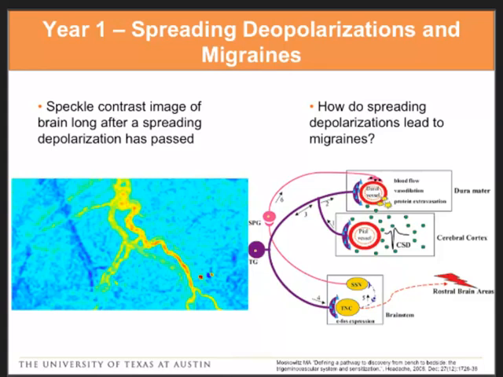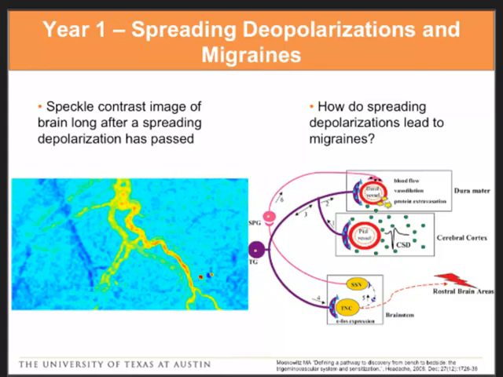And one of the hypotheses put forward was that after these depolarizations pass, you would have ion fluxes that would penetrate from the cortex to the meningeal layers, and then through a long chain of events would affect afferents of the trigeminal nerve. And they wanted to test this to see if it was true.